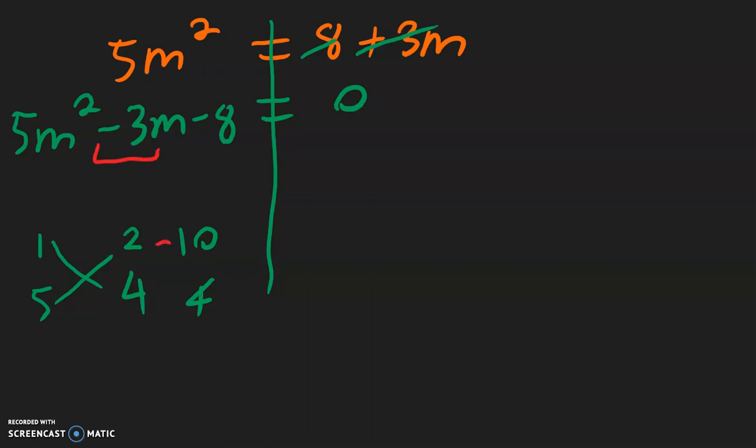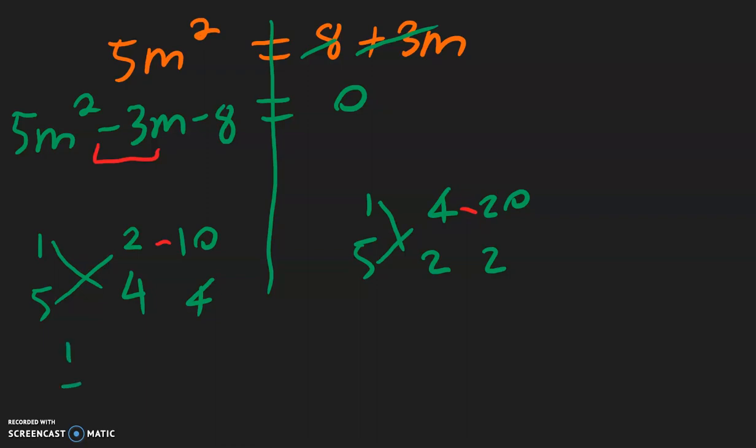So this negative 10 plus 4 or negative 10 minus 4, neither of that works. So let's try flipping it. 1 and 5 and 4 and 2. So we have 1 times 2 is 2. 4 times 5 is 20. Let's make the 20 negative, but that still would not work, so we need to try different numbers.